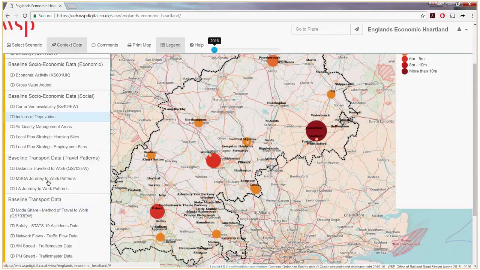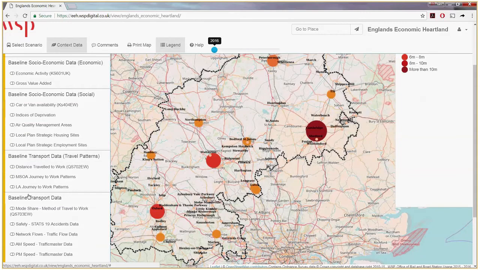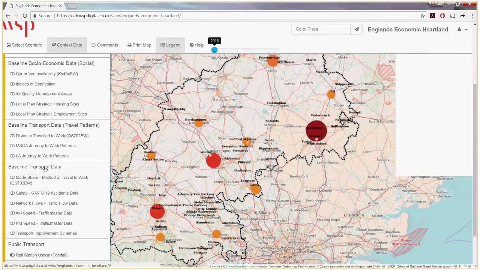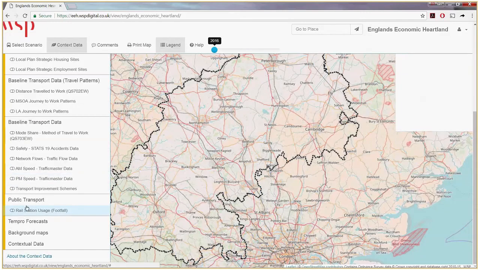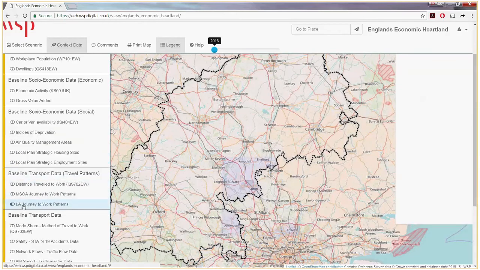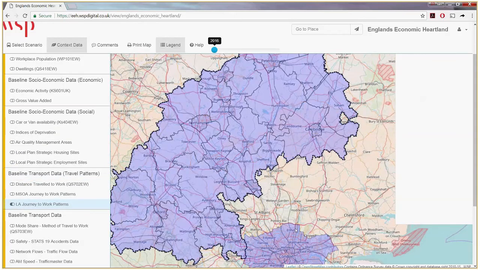So in order to pick up a bit more detail on how people are travelling, we've got an origin destination viewer in here.